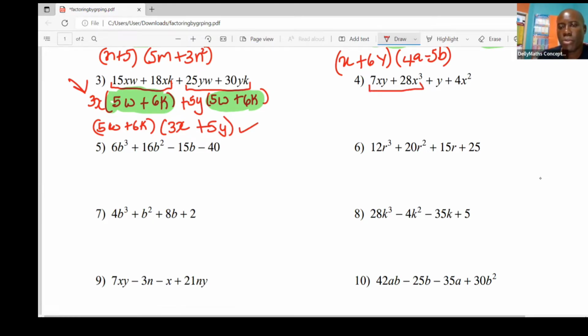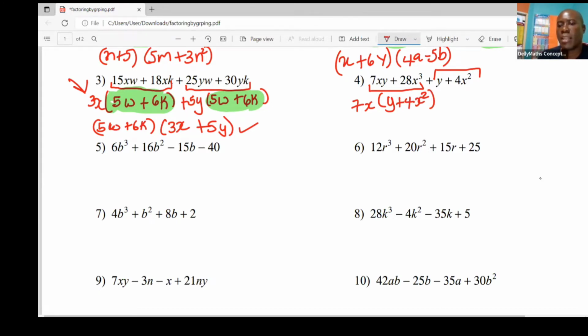Here, those two and those two. What's my common factor here? What could work? We're seeing that 7x could work. 7x into 7xy, I'm left with y. 7x into 28x to the third, I'm left with 4x squared.